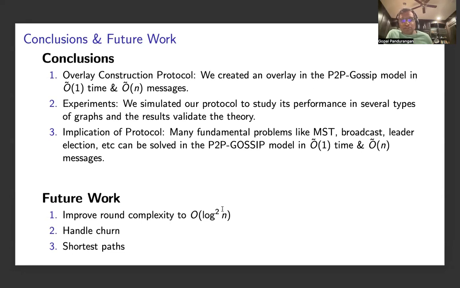A nice implication, which I didn't talk about, is that many fundamental problems like MST, broadcast and leader election can be solved in this P2P gossip model, in O tilde 1 time and O tilde n messages. This has implications for some complexity issues in distributed computing models. We talk more about this in the paper.